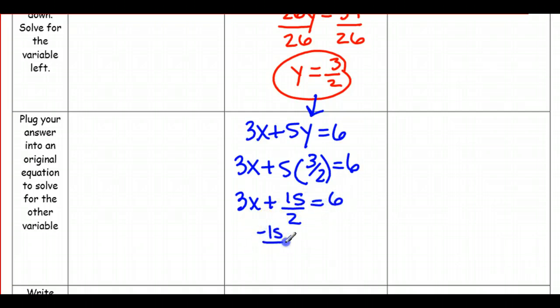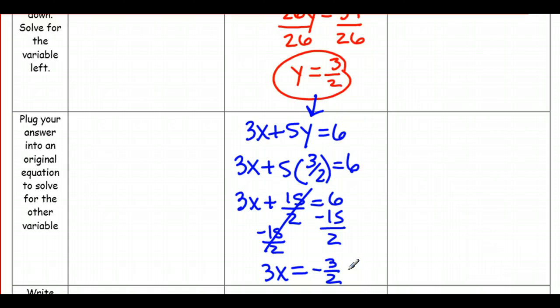Subtract 15/2 from both sides of our equation. And when we do that, we get 3x equals, let me check with the calculator, 6 minus 15/2, and we get negative 3/2.